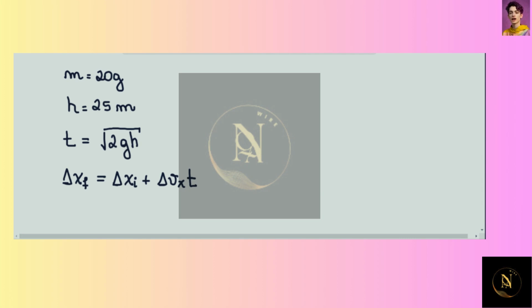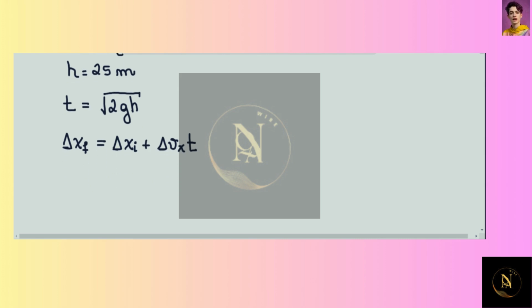This is just the equation for a uniform motion in the x direction. Notice that there are no forces in the x direction, and you're aiming for the highest precision. So you want delta xf, the uncertainty in the x direction, to be minimum.